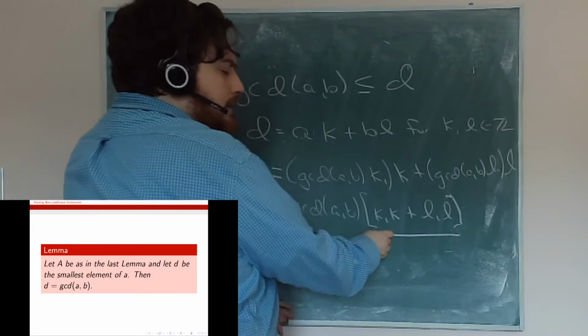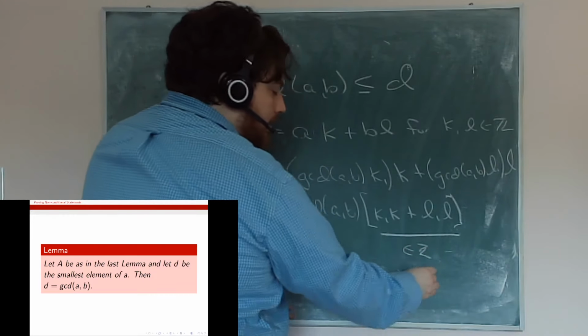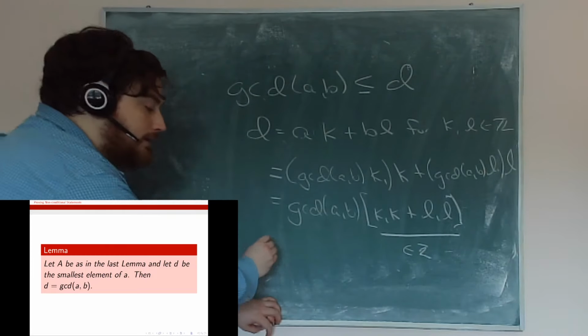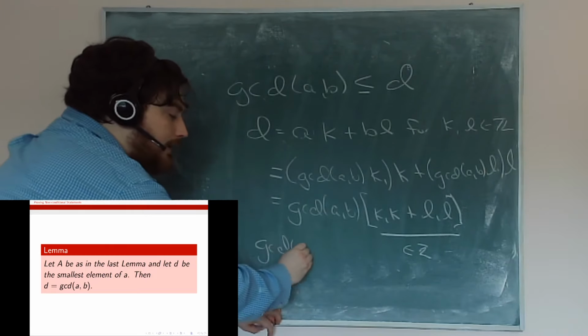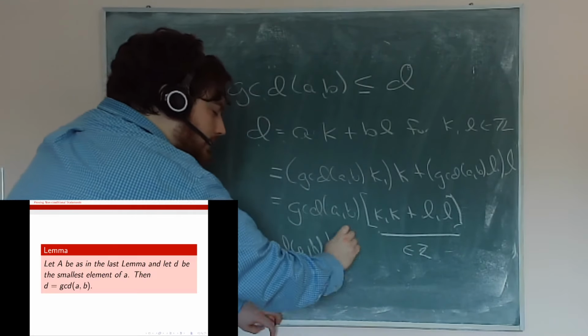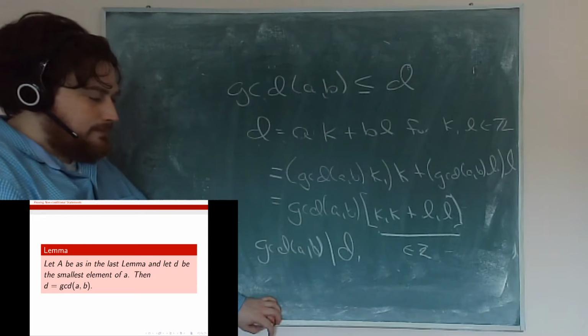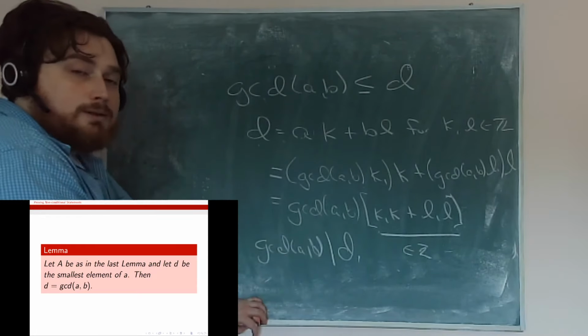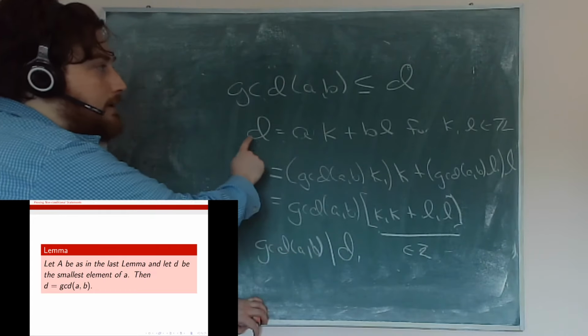Notice then that this is an integer, so what we have just proven is that the greatest common divisor of A and B times an integer is equal to D, so it divides D. But what we showed in the last one is we know both of these are positive.